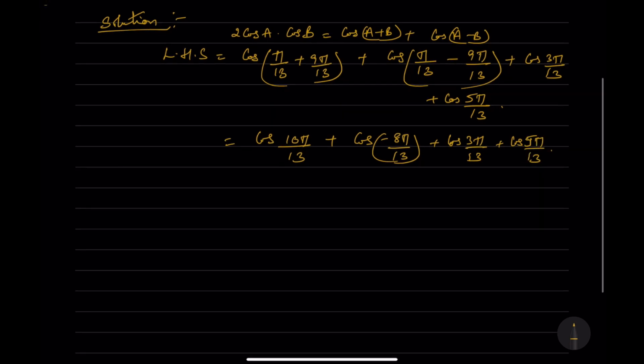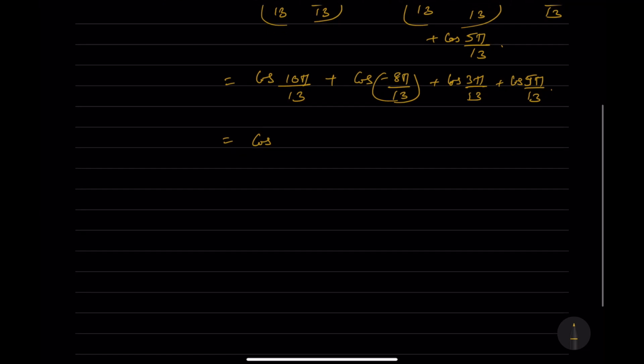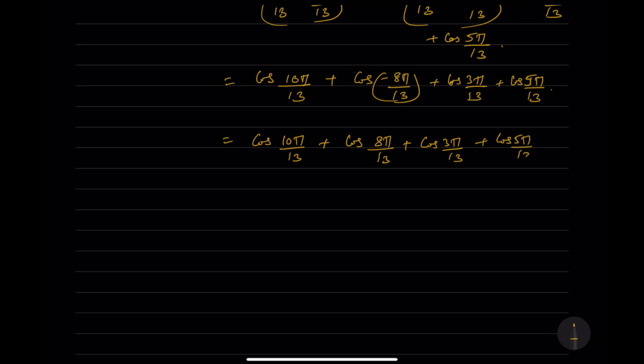Now here you can use that cos of minus theta is nothing but cos theta. So cos 10 pi by 13 plus cos 8 pi by 13 plus cos 3 pi by 13 plus cos 5 pi by 13, since cos of minus theta is equal to cos theta.